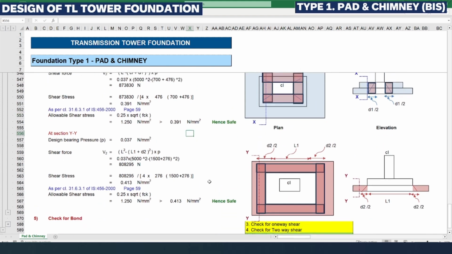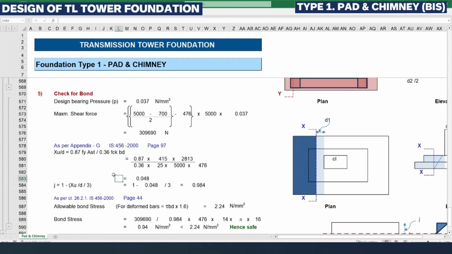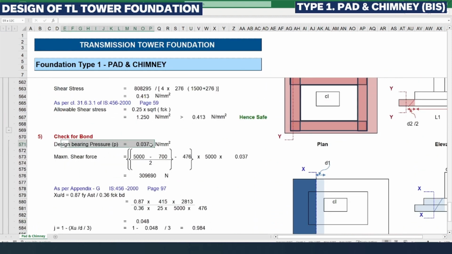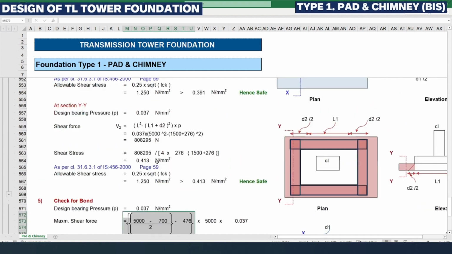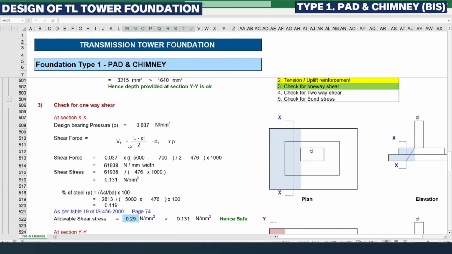Next we will go to check for bond stress. Coming to check for bond stress, we need to consider the design bearing pressure as we calculated earlier, 0.37 Newton per millimeter square. Here we need to calculate the maximum shear force. In this we need to consider the same as for one-way shear, where in the one-way shear calculation at section XX we had calculated shear force V1 equals L minus CL divided by 2 minus D1.